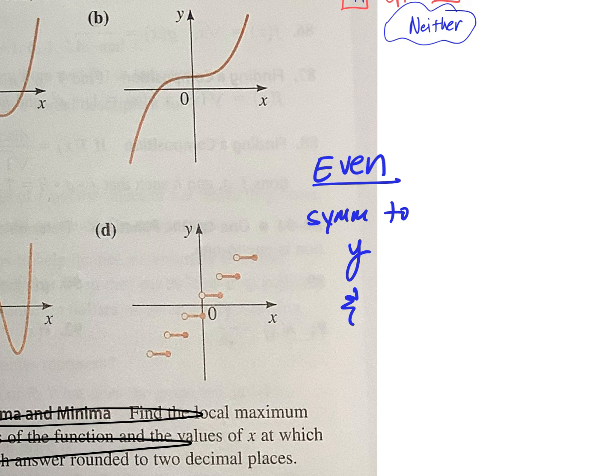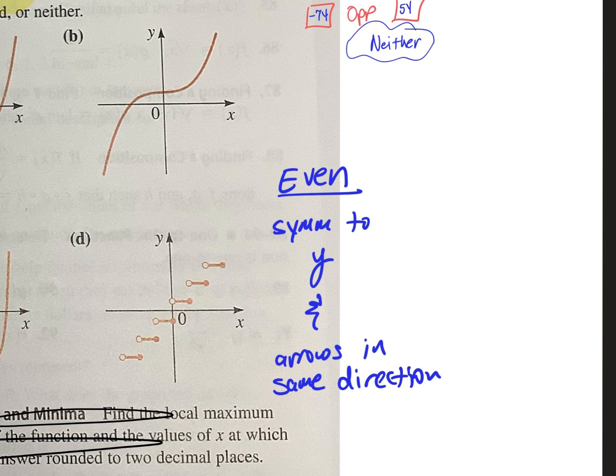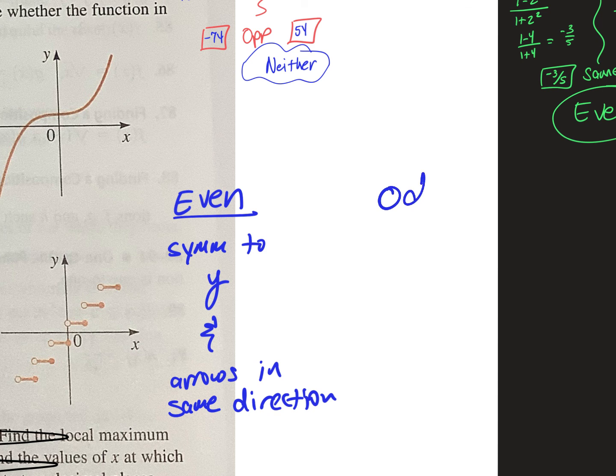And the arrows in the same direction, meaning both up or both down. All right, now graphically, if I think my function is odd, what are the two things that have to happen? It's got to go through the origin and arrows in opposite directions.